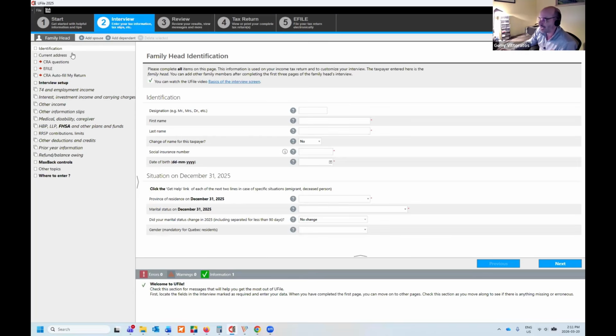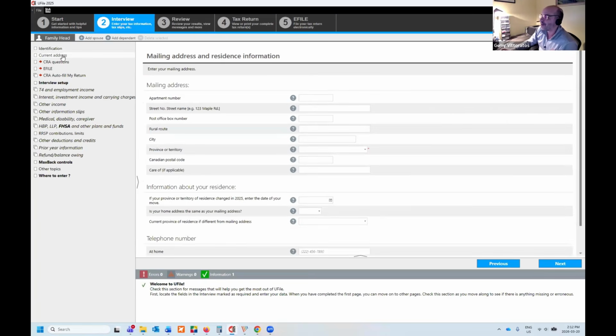Eventually, as you enter some of the basic questions of the tax return, you're going to end up in a specific section called the interview setup, where you're going to pick and choose the relevant sections of your return. Those sections will appear in this left-hand navigator. And then to complete your return, you just go through each relevant section of the navigator and complete those sections. That's all you need to do to complete your return.